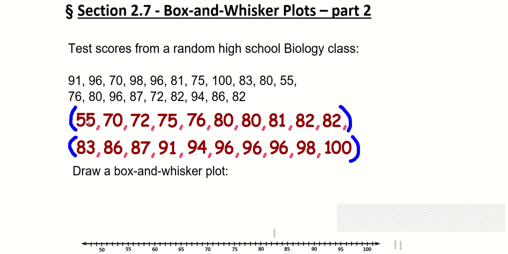So between all of these 10 numbers, once again, 1, 2, 3, 4, 5, 1, 2, 3, 4, 5, we're going to have to go in between the 76 and the 80. If you can't do that in your head, which is fine, sometimes the numbers are easy enough for mental math: what number is exactly in between 76 and 80?